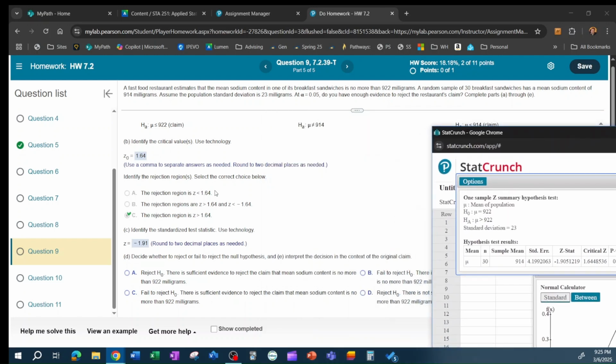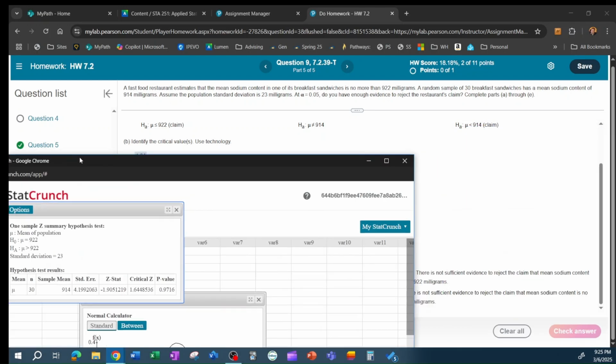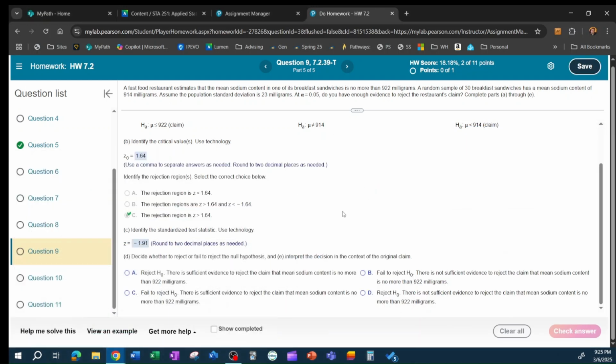All right, so this is where, let's get rid of the StatCrunch. This is where you get confused. Fail to reject. And when you fail to reject something, you never have a chance to say much about anything. You cannot support anything. So let's look for the fail to reject.